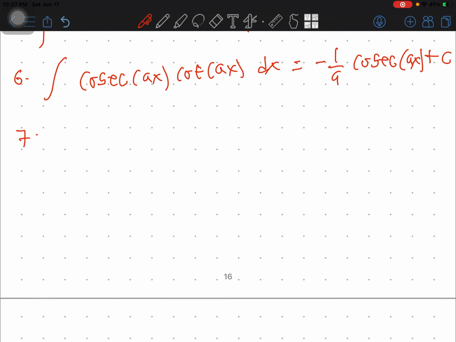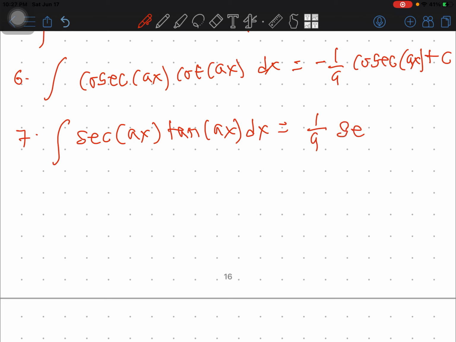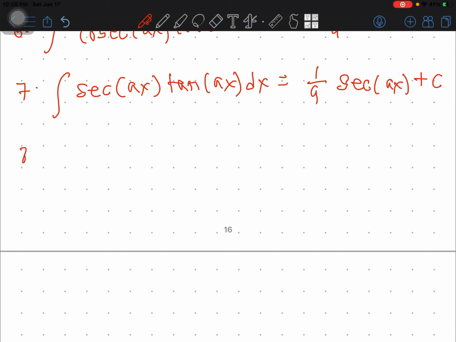And then the 7th, let's look at the integral of sec ax tan ax dx, which is equal to 1 over a sec ax plus c.